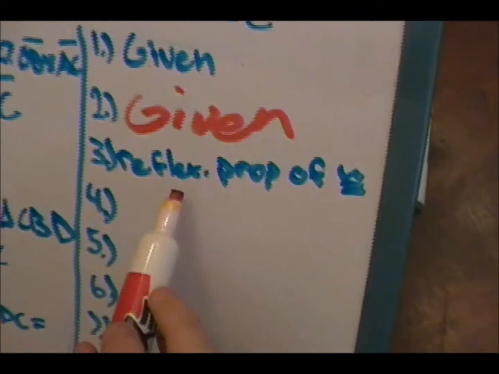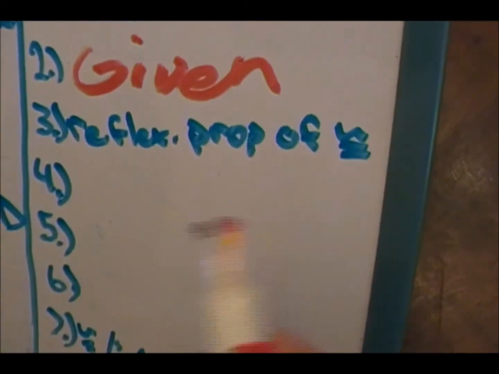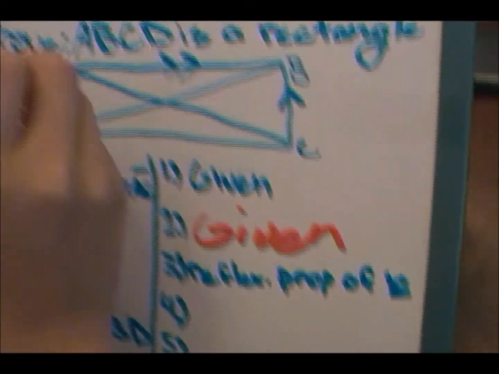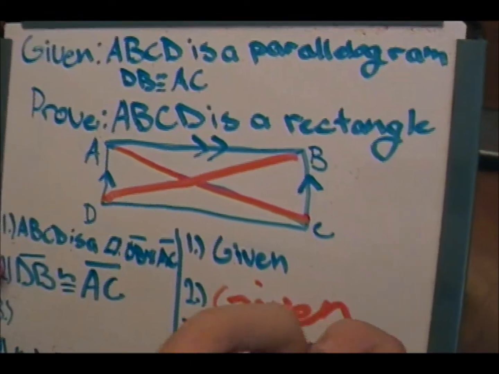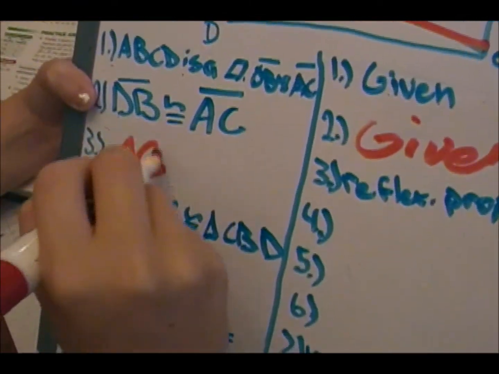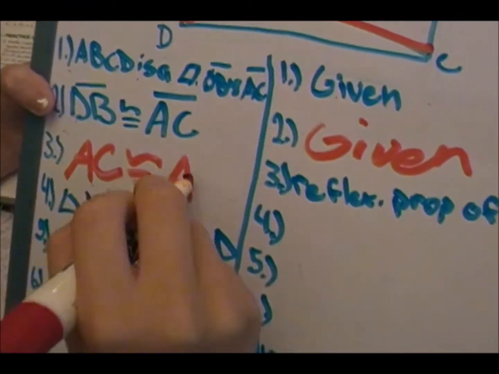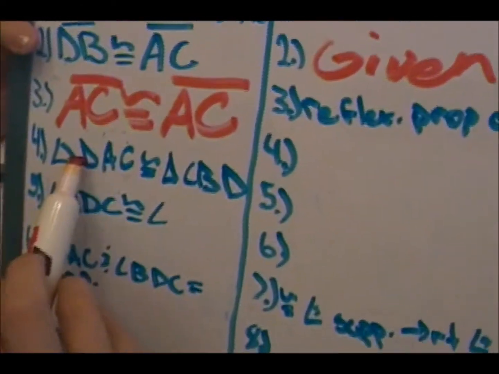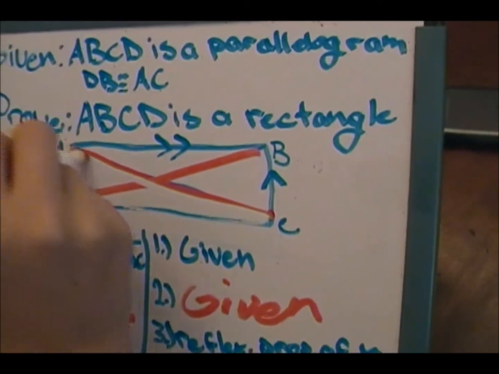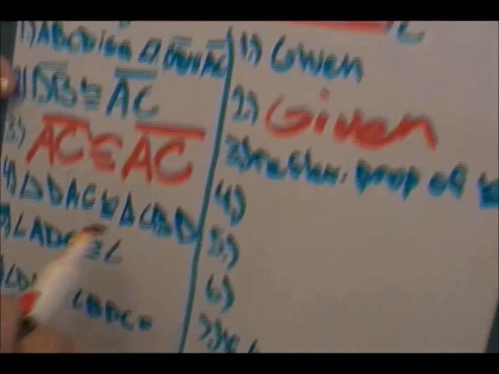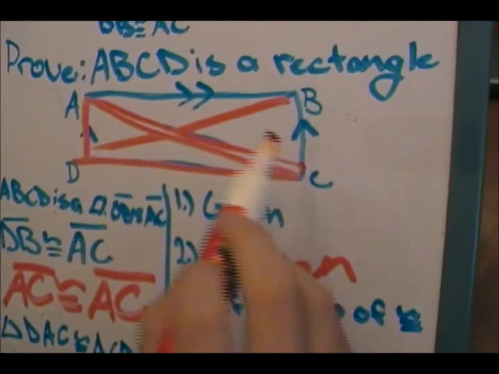Then it says reflexive property of congruency. Well, what reflects? It can either be this or this, whichever you choose. I'm just going to write AC is congruent to AC, line AC. And then next it says triangle DAC is congruent to CBD right here.